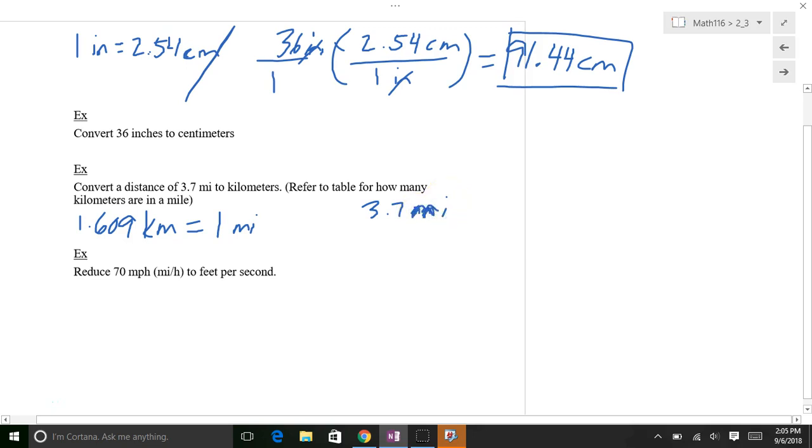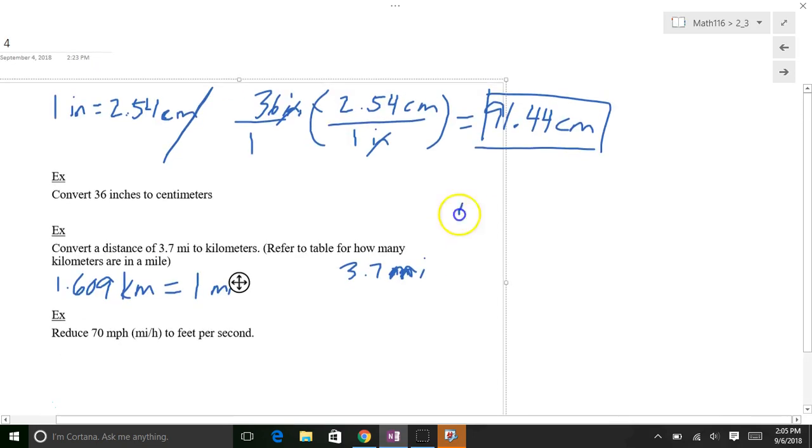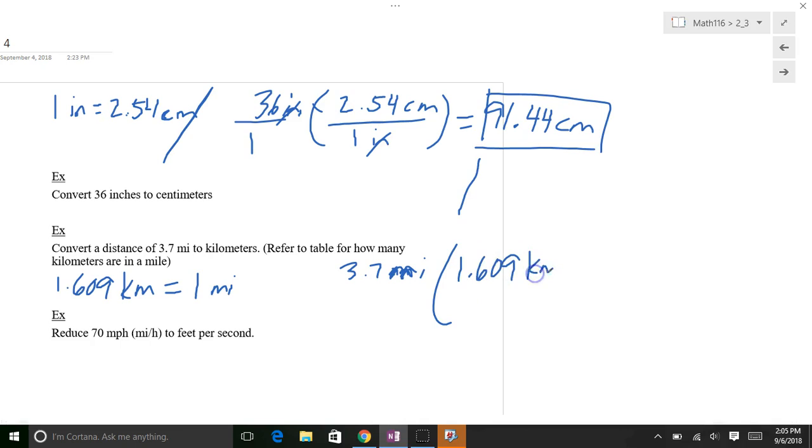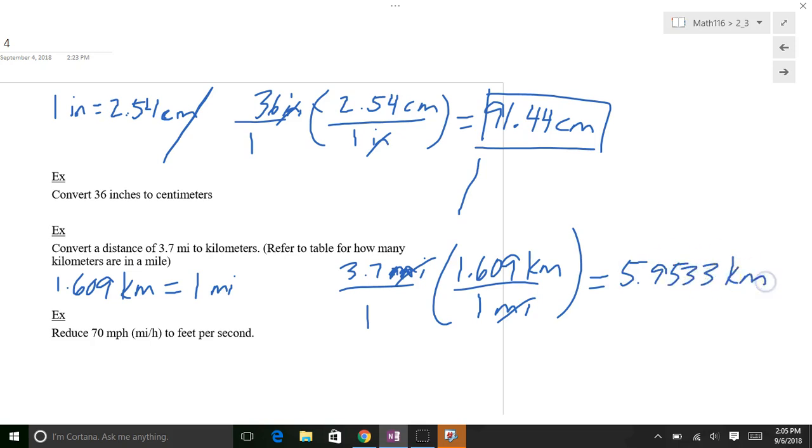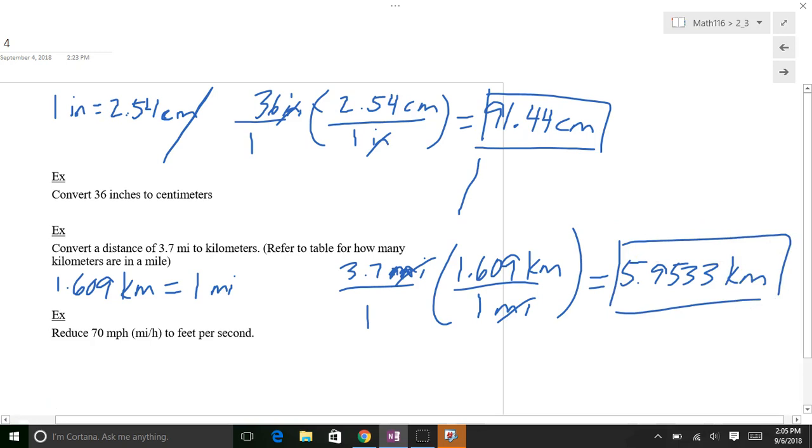We multiply that by 1.609 kilometers per 1 mile. Miles are gone, so we've got 3.7 times 1.609, all divided by 1, which ends up being 5.9533 kilometers.